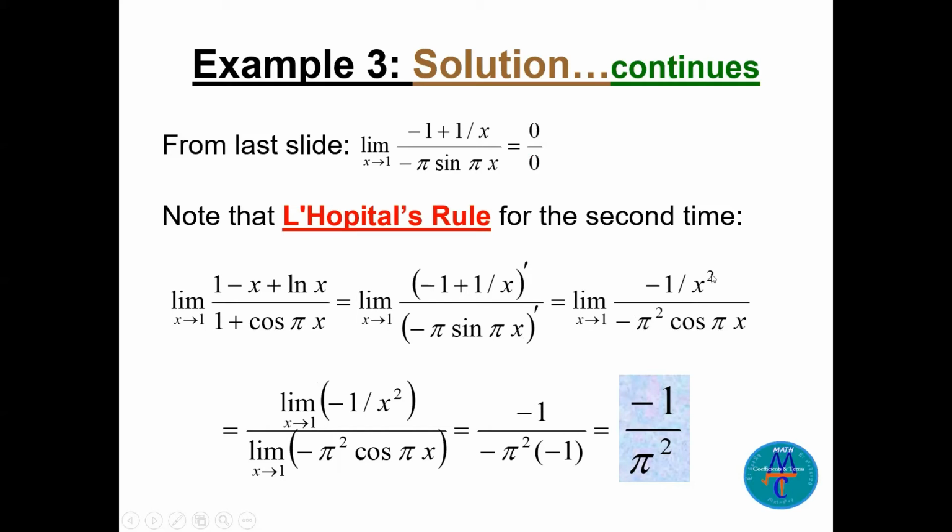Now let's replace x by 1. We get minus 1 over 1 squared, divided by minus pi squared times cosine of pi, which is minus 1. So we have minus 1 divided by minus pi squared times minus 1. The final answer, the limit, will be minus 1 over pi squared.